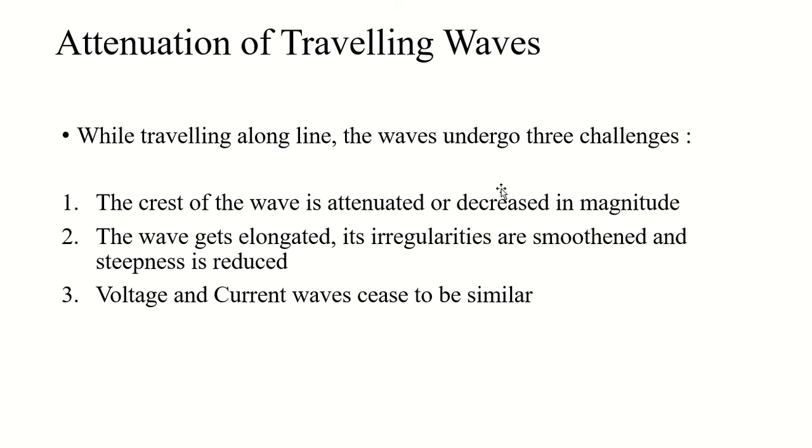So if your signal was more sharp, more steep, then it gets reduced. And third, voltage and current waves cease to be similar. You will see that voltage and current waves will never be similar for all three cases, meaning your original, reflected and refracted.